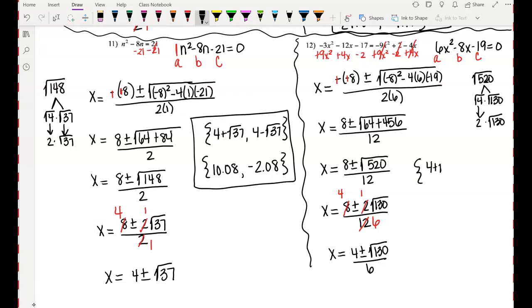So 4 plus radical 130 divided by 6, 4 minus radical 130 divided by 6. And then I have to turn those into decimals. Because I have a denominator, I need to make sure and use my parentheses so that it takes 4 plus the square root before it divides by 6.